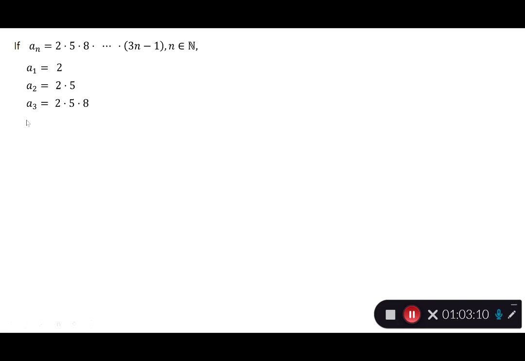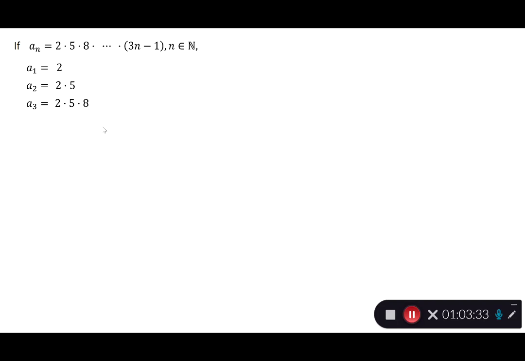Right? What should a sub 4 be? Whatever a sub 3 is, so 2 times 5 times 8, multiply by an additional term. What should that additional term be? That additional term should be 3 more than this 8, which is 11. 2 times 5 times 8 times 11 is the idea. Right? So think about it that way.